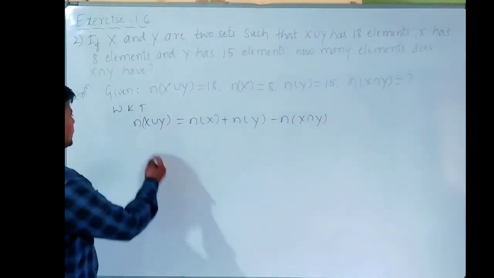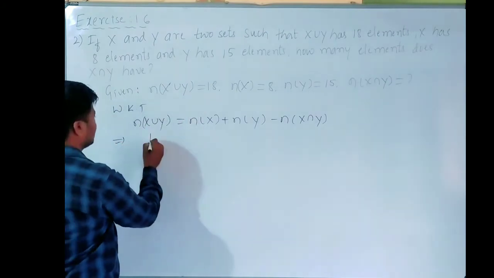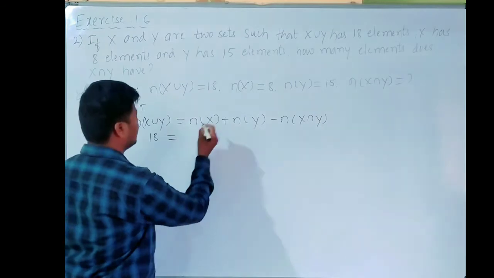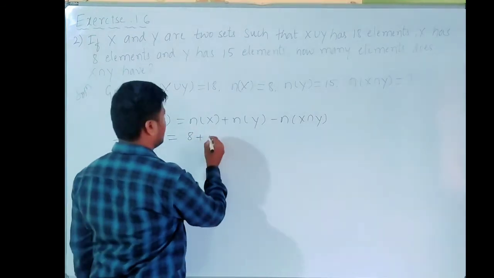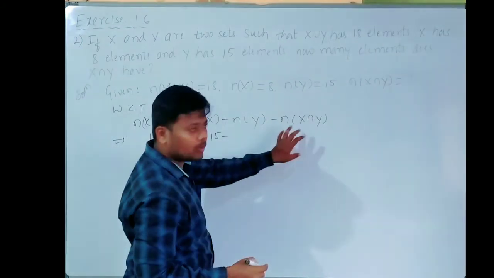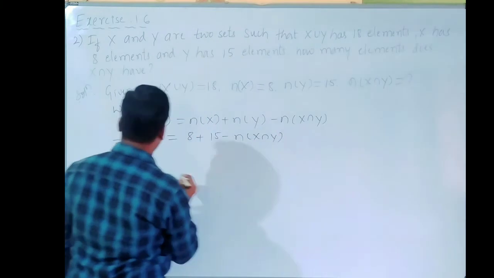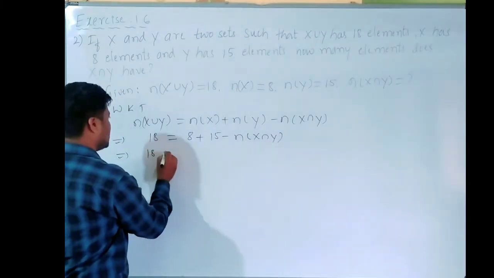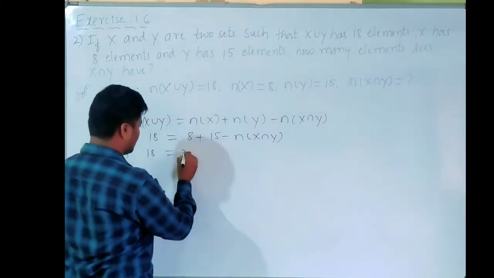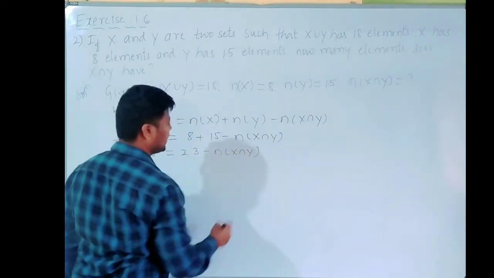Now substitute the values. What is n of x union y? That value is 18. That equals n of x, which is 8, plus n of y, which is 15, minus the value we have to find, so keep x intersection y as it is. 8 plus 15 is 23, minus n of x intersection y.